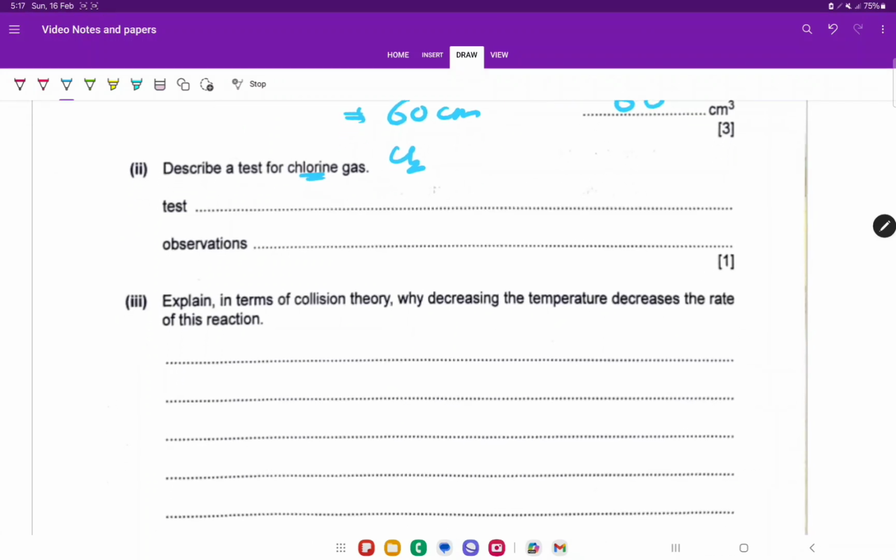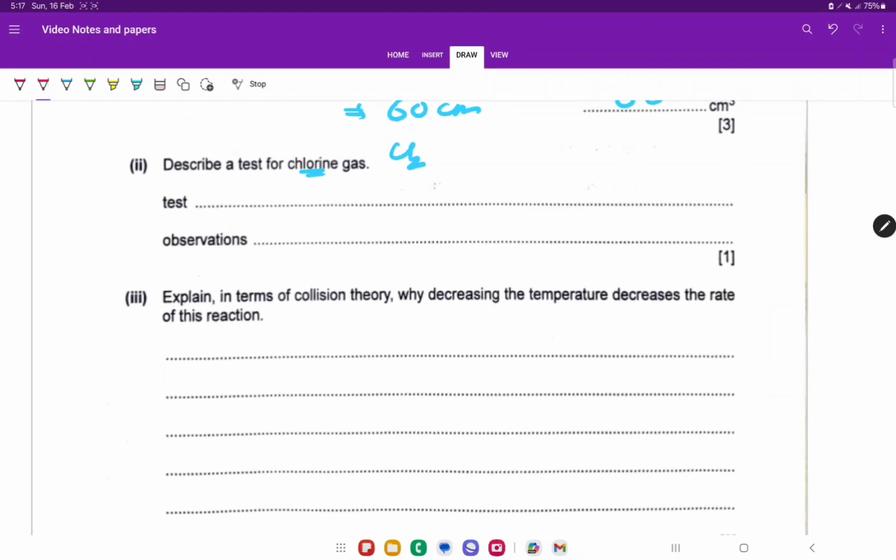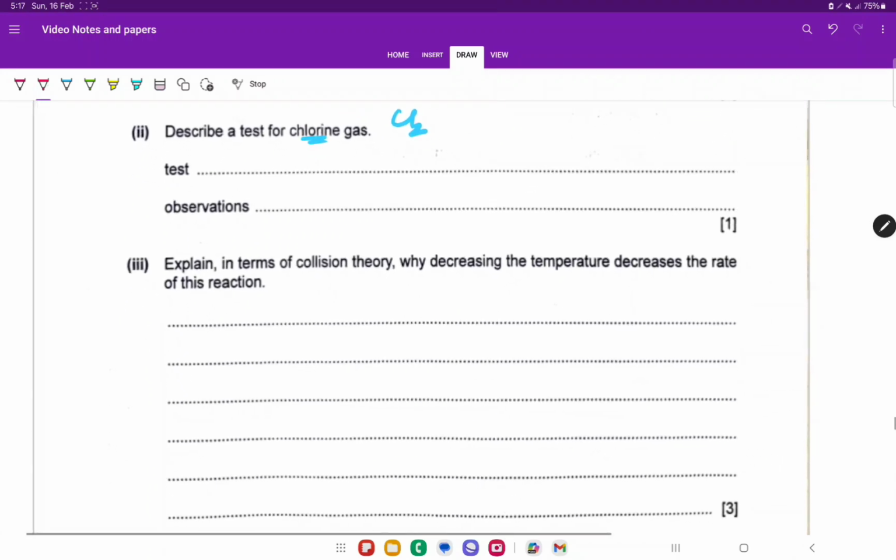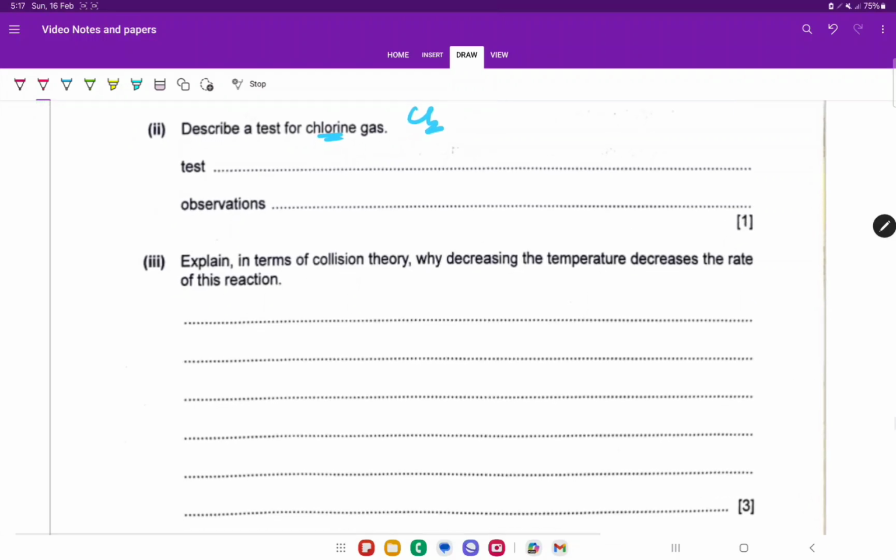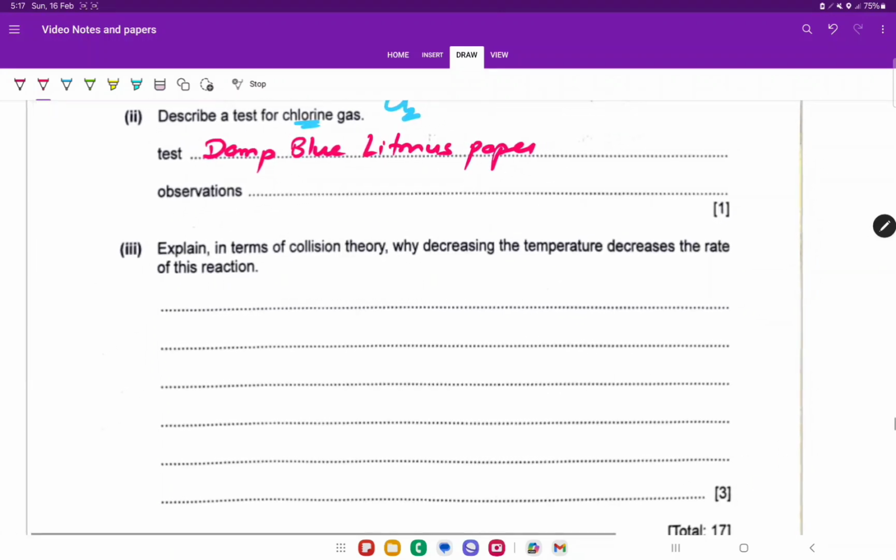Describe the test for chlorine. Chlorine gas we have to test. We call it the damp blue litmus test. What we do in this, we pass the chlorine gas over damp blue litmus paper.